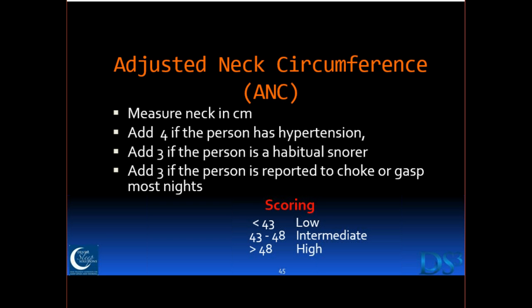We measure the neck in centimeters, and then we ask about hypertension, habitual snoring, and if they clench most nights, and then we add a few points to that. If we get anything over about 45, 46, 47, somewhere in there, we start to say, you know what, this guy is at significant risk for having sleep disordered breathing.